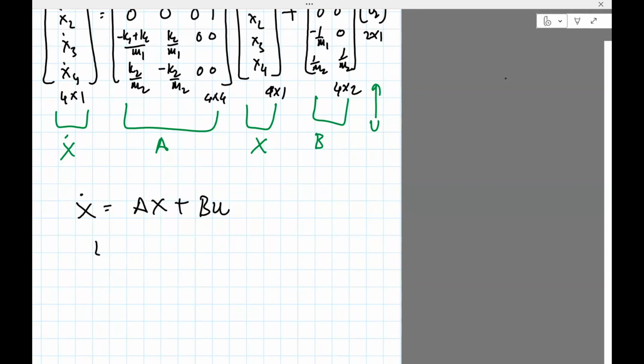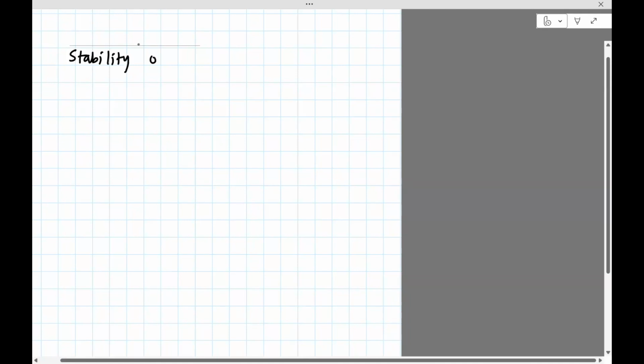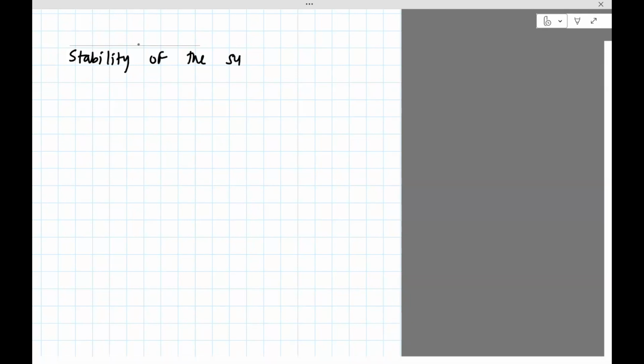This is the linear equation because there's no squares involved. And this is the state space representation of the system.